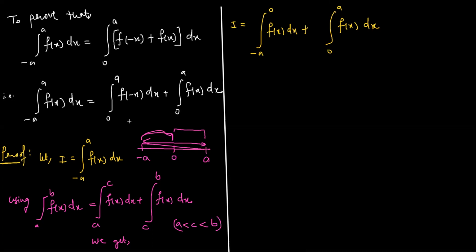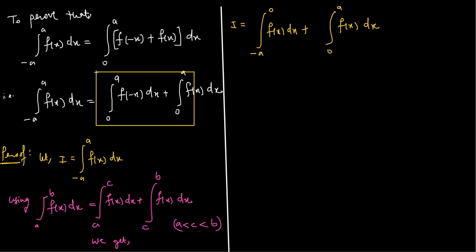So this is one property which we have used. The next thing we do here is, having proved this much, what do I notice? I notice that the right hand side of my theory, which I wanted to prove.